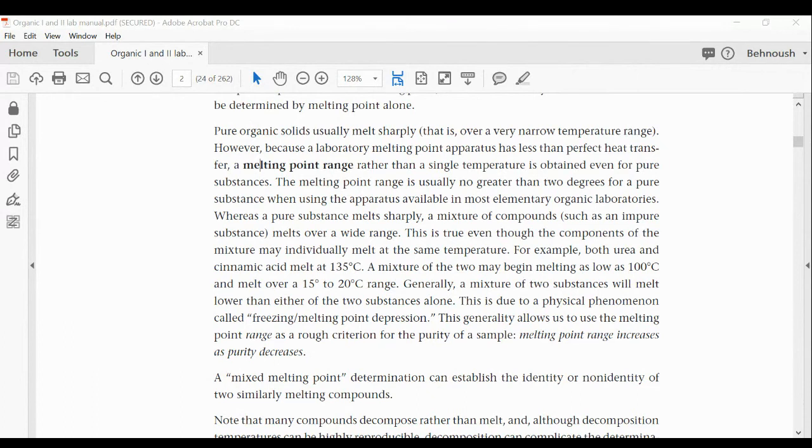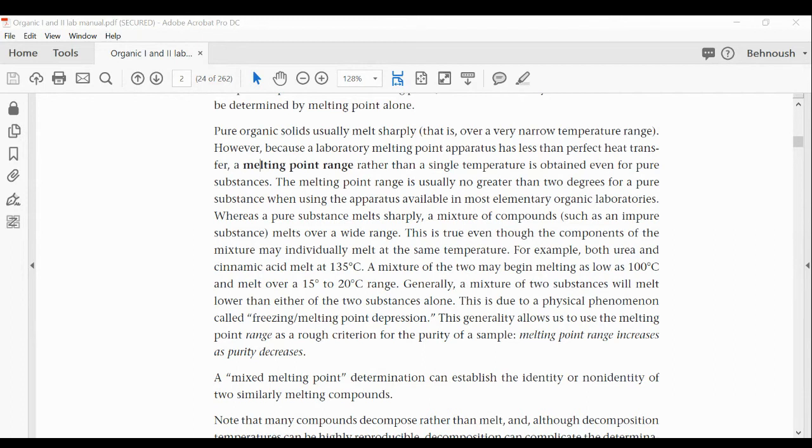So what you do is drop that capillary tube into the broken glass container. You start with a new capillary tube and a new sample of the same compound. So you cannot reuse a capillary tube.